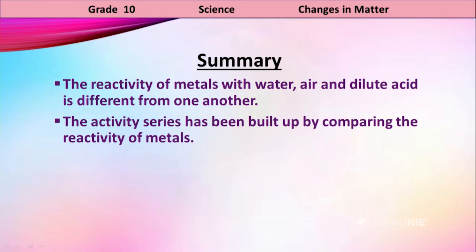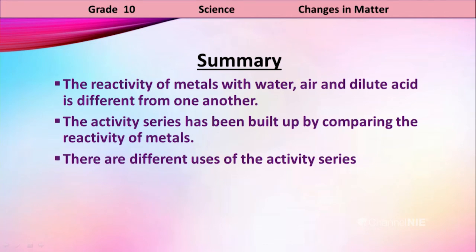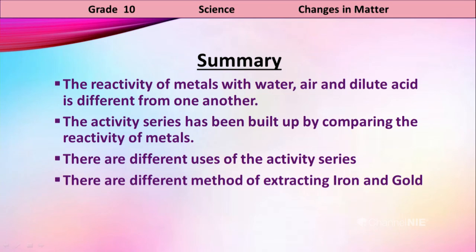Then we discussed the activity series. We built up the activity series by comparing the reactivity of the metals. Then we discussed the uses of the activity series. Finally, we discussed the extraction methods of iron and gold.